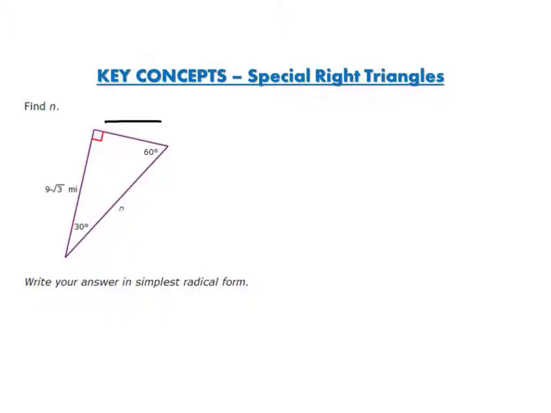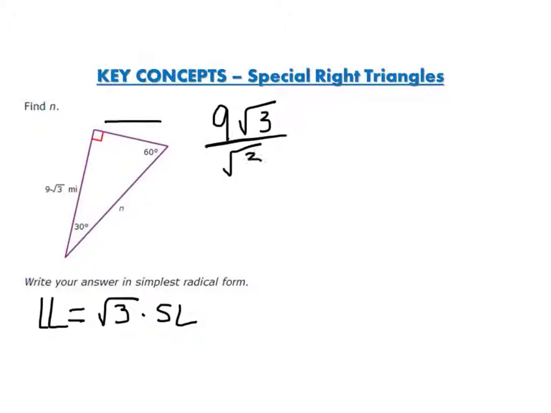The long leg equals the square root of 3 times the short leg. So to find the short leg, I divide the long leg by the square root of 3. So I'm going to take 9 times the square root of 3 divided by the square root of 3, and I get 9. So now I know that the length of my short leg is 9.